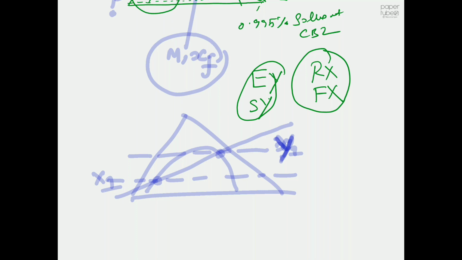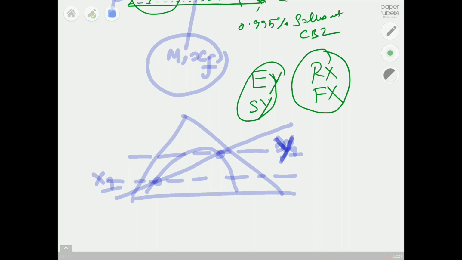So I think I said everything that we need to know to solve this problem. Yes, I think everything looks fine to me at the moment. So what we need to do is go back to our liquid equilibrium data.